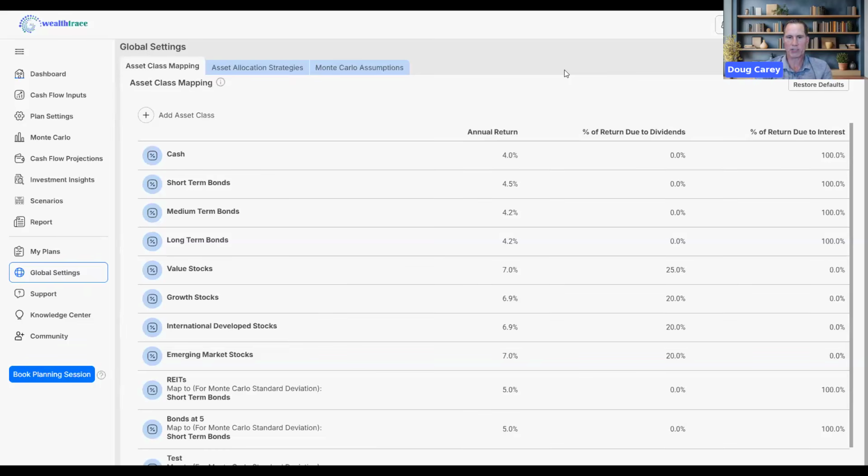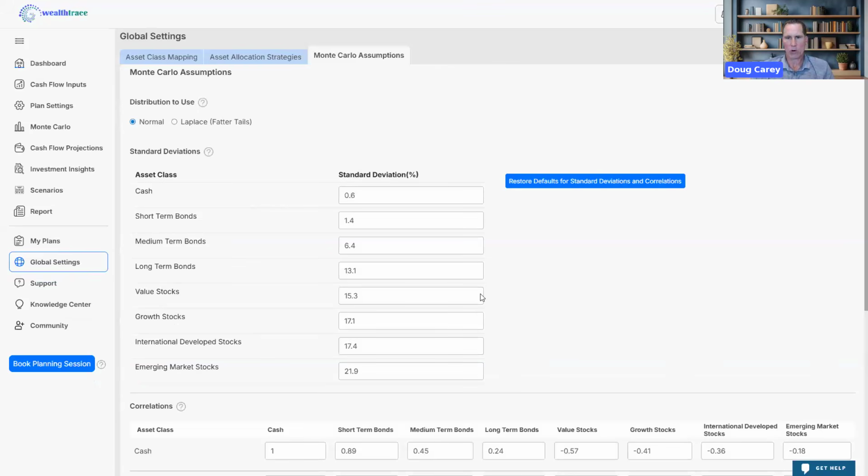If it's 20%, then it probably maps to something like growth stocks or even emerging market stocks, right? You can see the volatility here. So, given whatever asset class you're creating, you'll probably have to do a little work on your own end to calculate, or ask ChatGPT or something like that, what the volatility, the standard deviation, has been for the last 30, 40, 50 years.